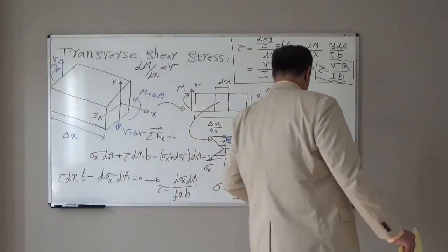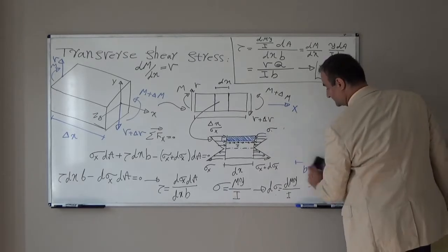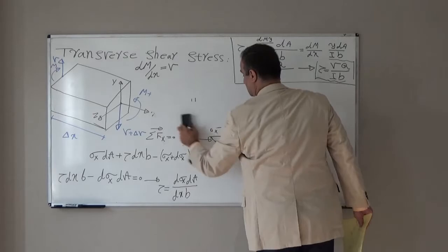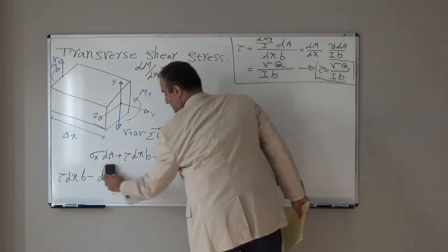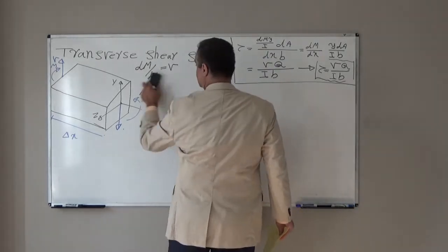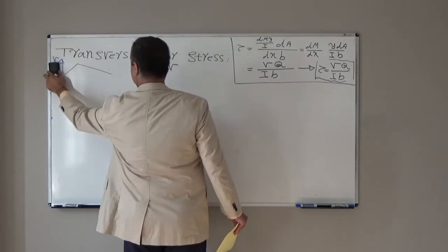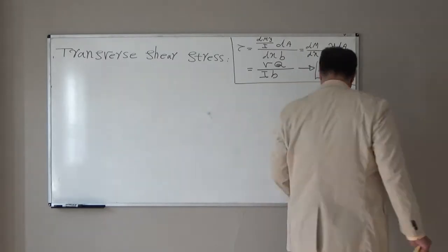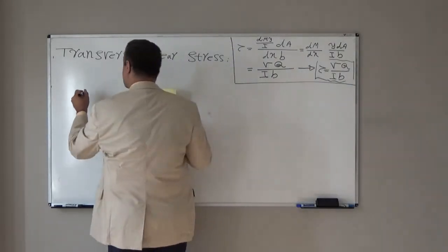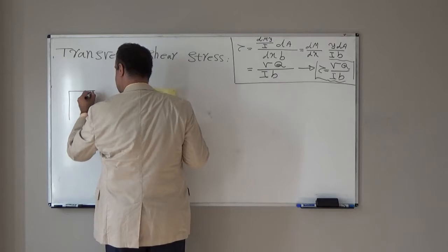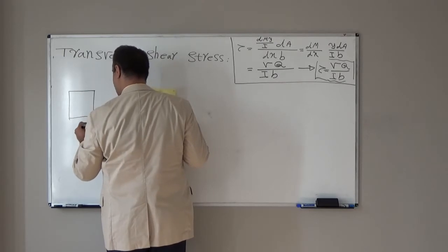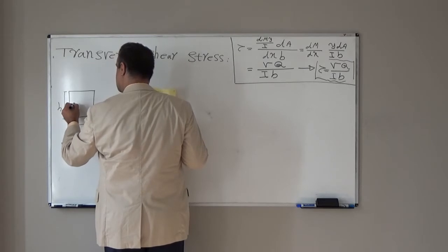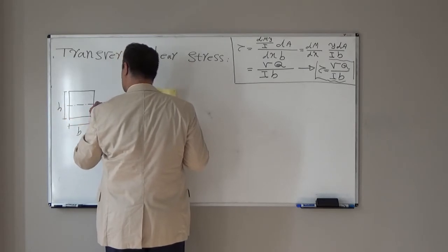So again, one more time. If we have one beam, with a cross section, for example a rectangular cross section, the width is B, the height is H, and this is the neutral axis location.